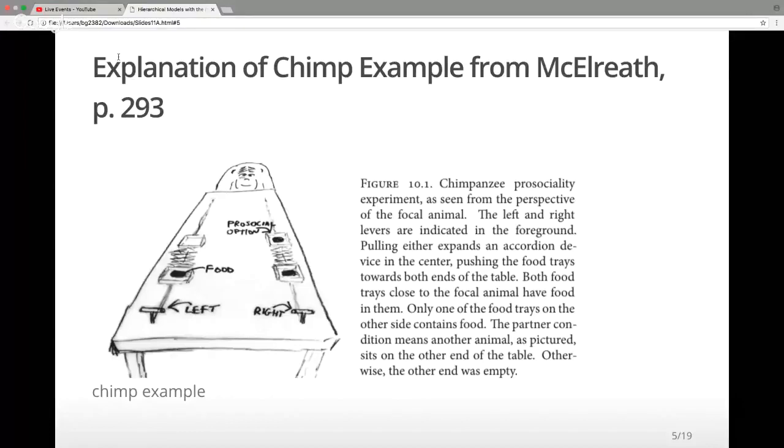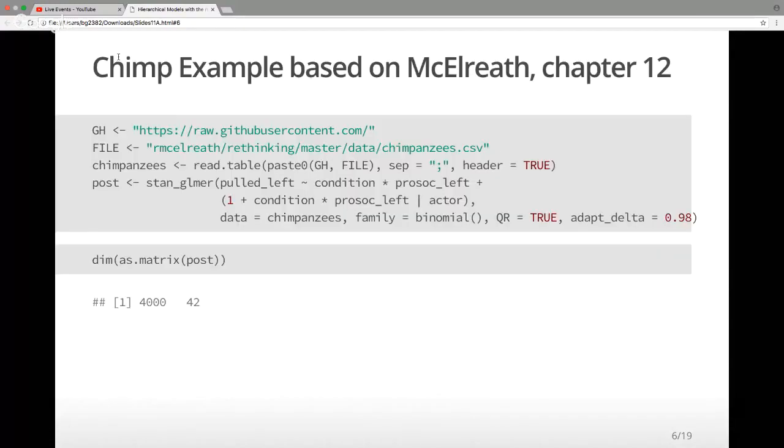And so we want to allow chimpanzee to chimpanzee variation. The chimpanzees got several different tries with several different experimental conditions, so we observed the same chimpanzee a number of times. In this particular case, it might be somewhat reasonable to think of this multilevel model from a frequentist perspective, because we could have taken another chimpanzee from the population of chimpanzees.